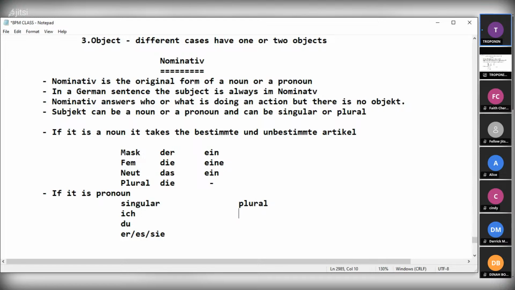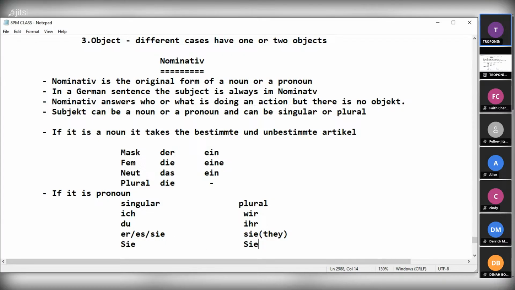So ich, plural is wir, ich heiße, wir heißen. Du. So this one is er. Then er, sie, es is for sie. This sie means they. Yeah, that sie means they. And then there's this Sie capital, it is also sie like that. So all those are nominative.